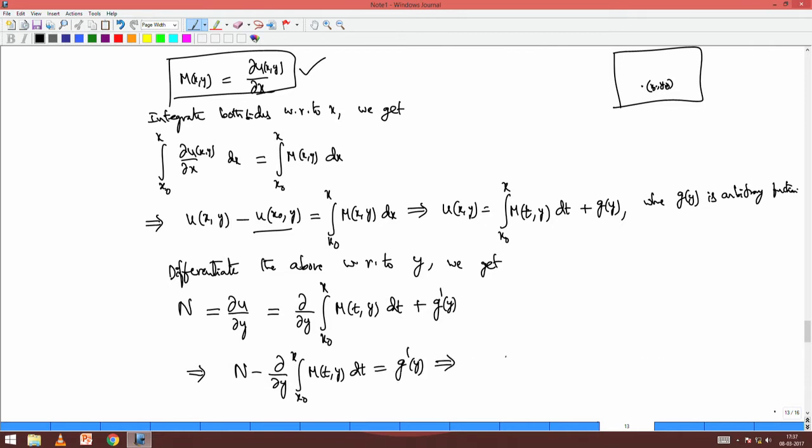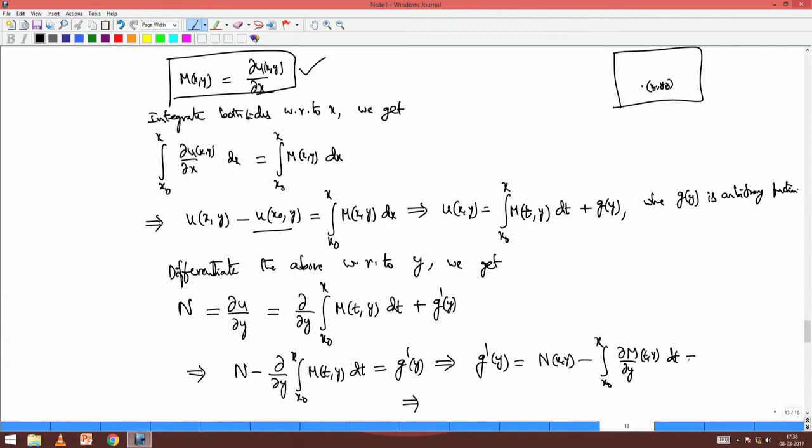So, this implies g dash of y equal to N(x, y) minus the integral from x naught to x of ∂M/∂y. Because this is a function of y, this is the y derivative, and this is only a function of x, I can take it inside: ∂M/∂y of (t, y) dt equal to g dash y, which we have written. So, you can get it if you integrate.